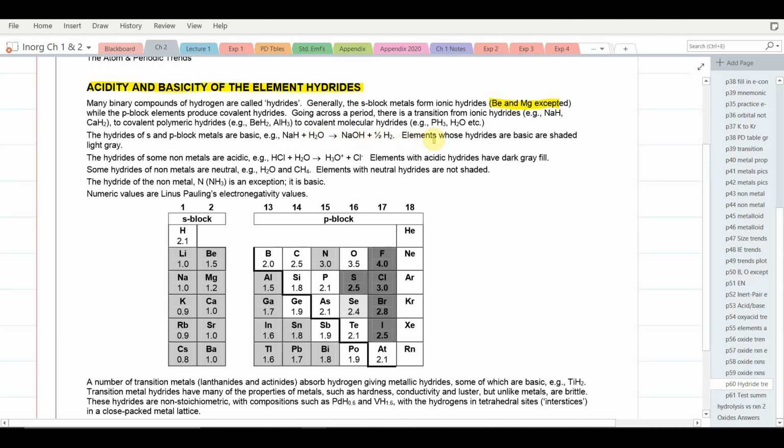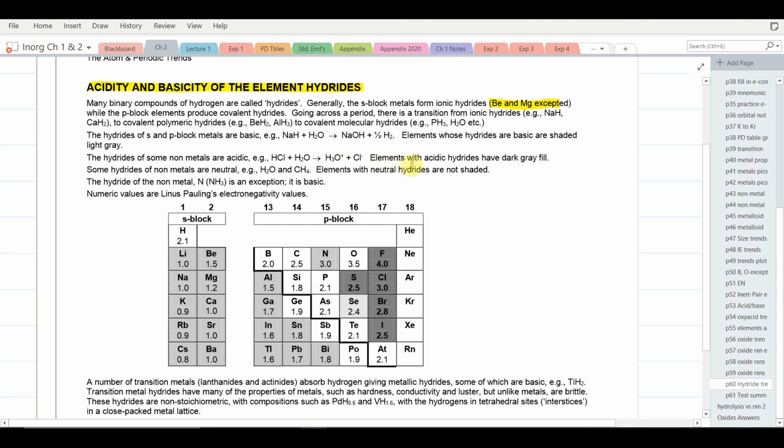And elements whose hydrides are basic are shaded light gray in this table. The hydrides of some nonmetals are acidic. You're certainly familiar with the hydride of chlorine, hydrochloric acid, hydrofluoric, hydrochloric, hydrobromic, hydriodic, and hydrosulfuric acid. Well, these in fact are acidic. They react in water to produce hydronium ion.